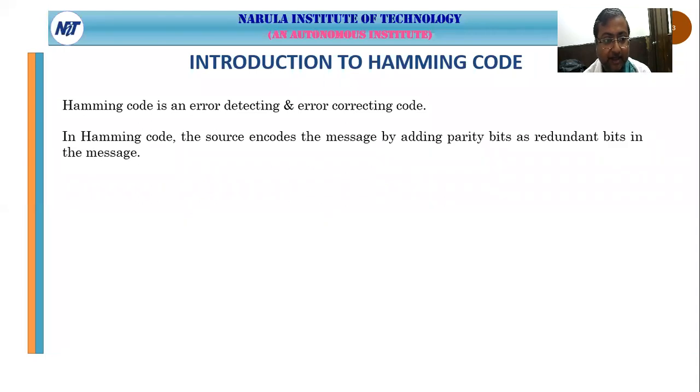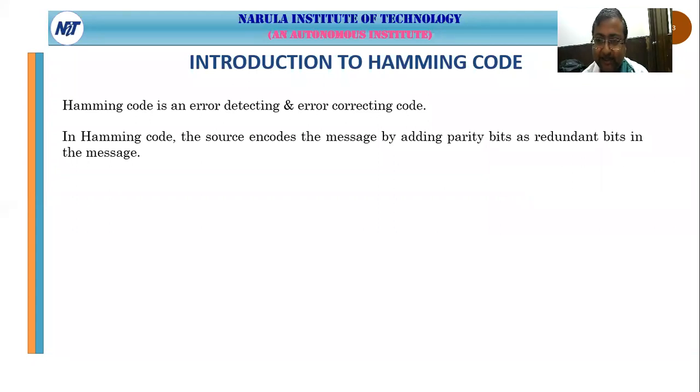The next one is the Hamming code. The source, meaning the sender, encodes the message by adding some extra redundant bits, that are called the parity bits. So suppose you want to send a 3-bit code word, that is called the message word.